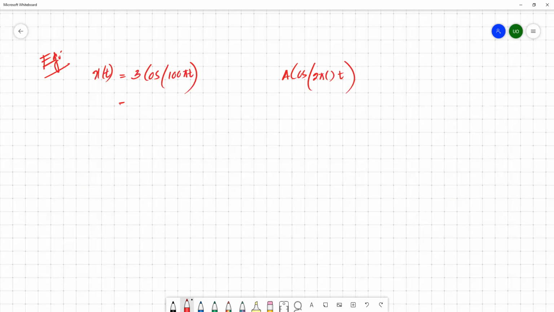So if you rewrite this, it is cos 2π·50·t, which becomes 100πt. Why do we convert into this format? Because then you can easily recognize this quantity as the frequency of this analog or continuous signal. So the frequency of this signal is 50 hertz.